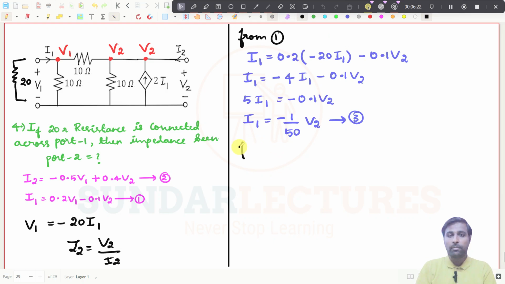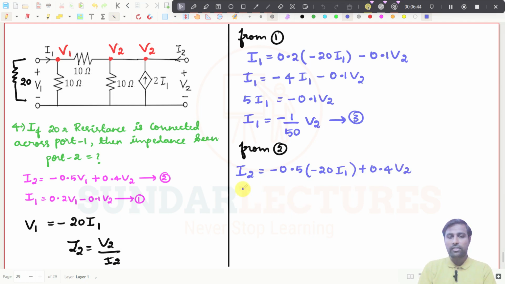So now from equation number 2, you just substitute this value. That's all, very simple. Whatever V1 you have, you just substitute. So I2 will be equal to minus 0.5 into minus 20 I1, then plus 0.4 V2.